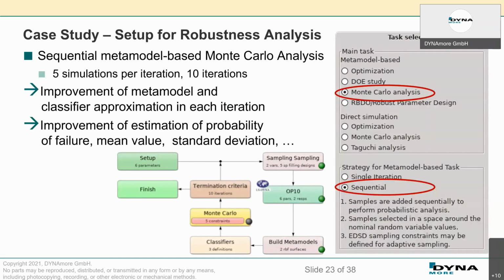So the idea is to improve the quality of the metamodel and the classifier by adding additional simulation points in each iteration, and hence also improve all the entities we evaluate on the metamodel, like the probability of failure, the mean values, standard deviation, and so on.